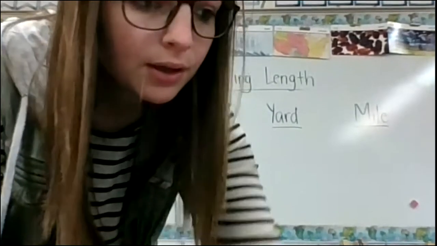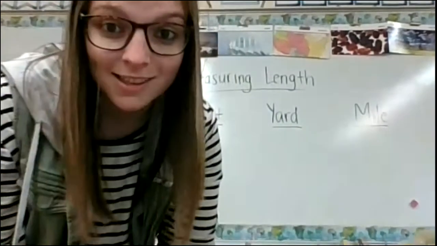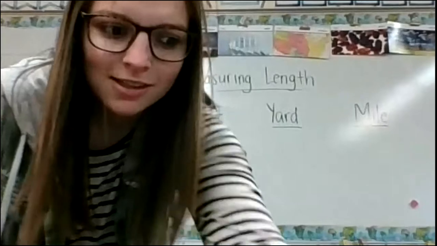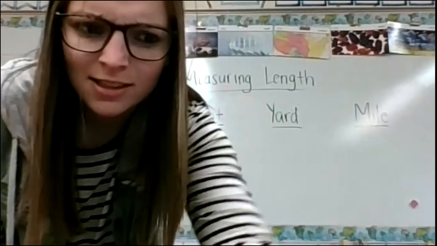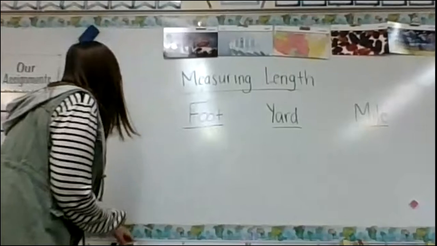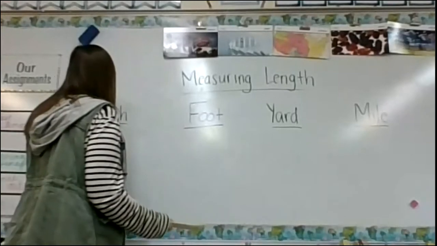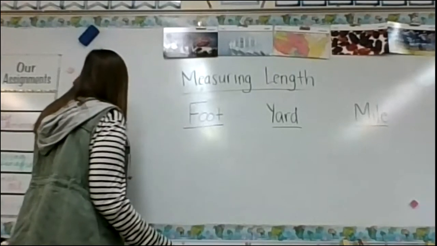And then my second example, okay, now that you guys know that an inch is about the size of an eraser, can you think of anything else? I'm gonna put that up here for our notes. The eraser is about 1 inch. It's something we would measure in inches.